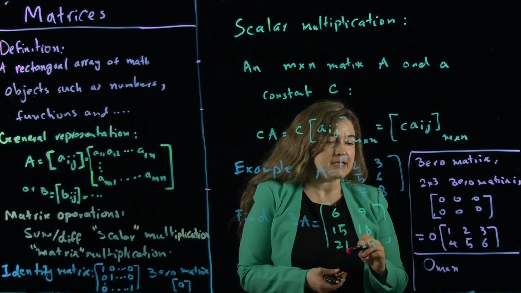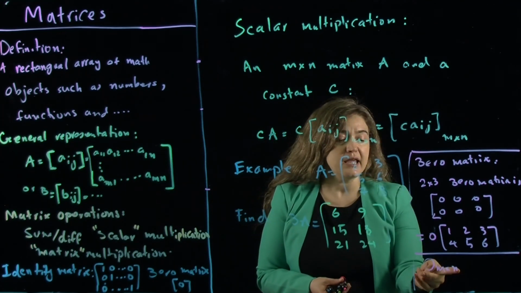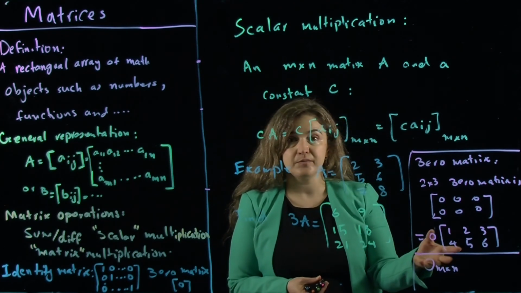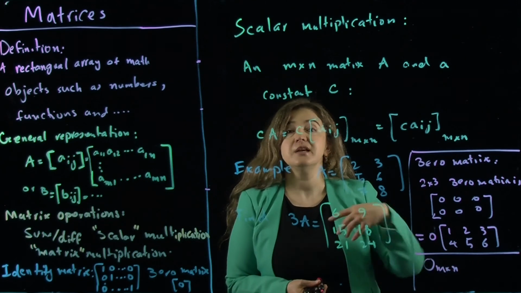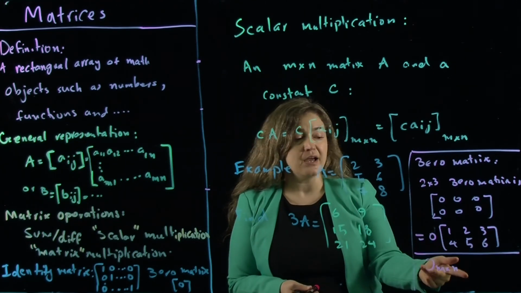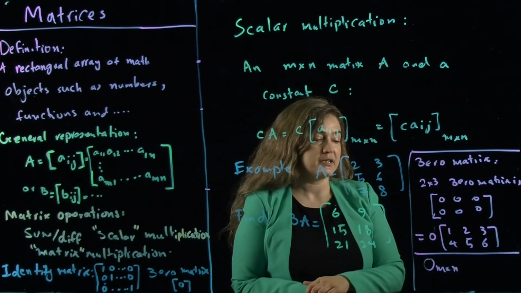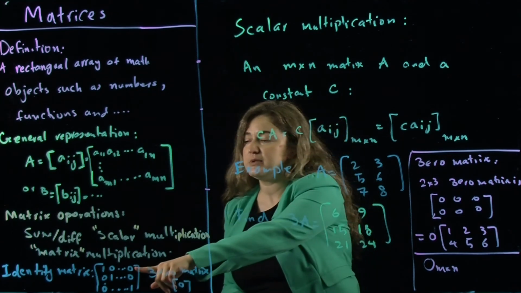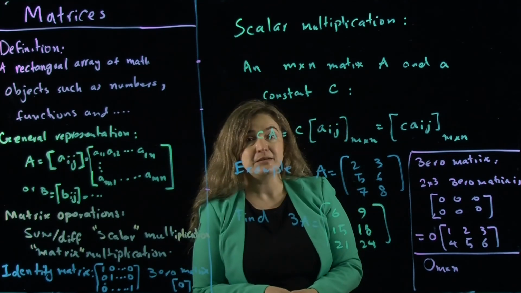Then the last thing that I want to say is that any matrix added or subtracted with the zero matrix gives the matrix that you started with. So this is the identity of addition for matrices. And we come back and we discuss the identity matrix.